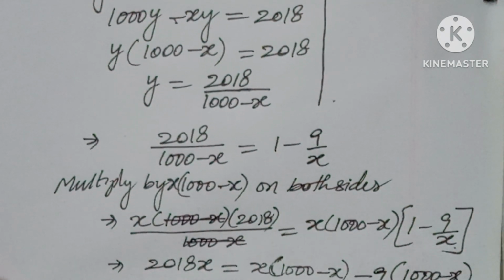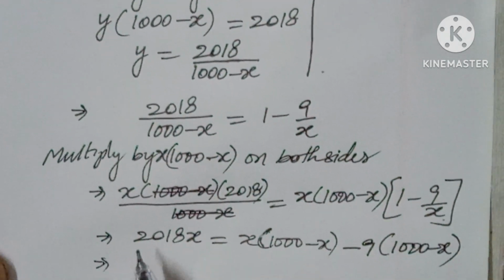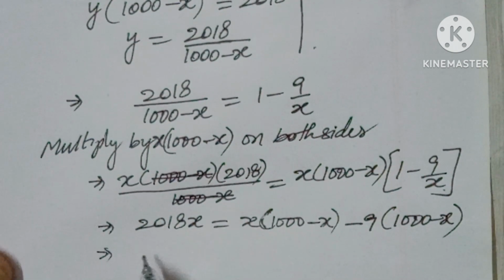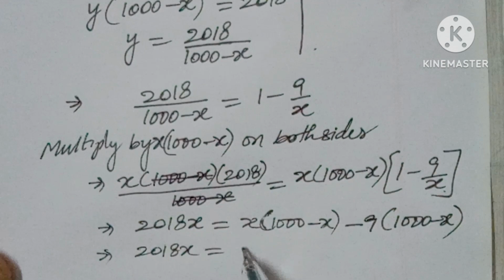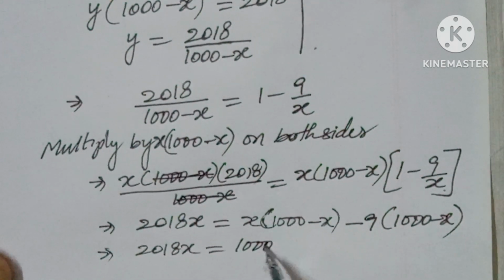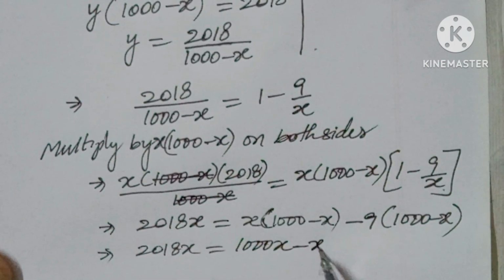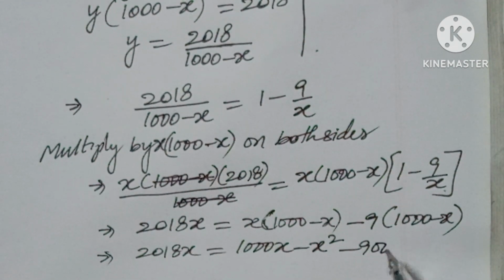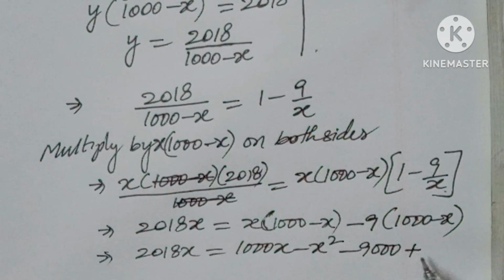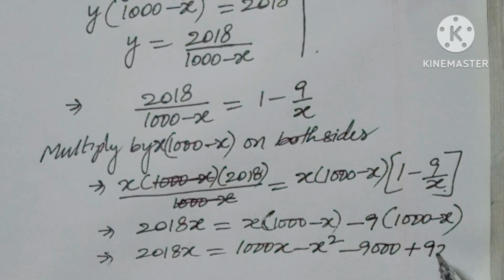Now if you solve this, 2018x is equal to 1000x minus x square minus 9000 plus 9x, since minus into minus is plus.